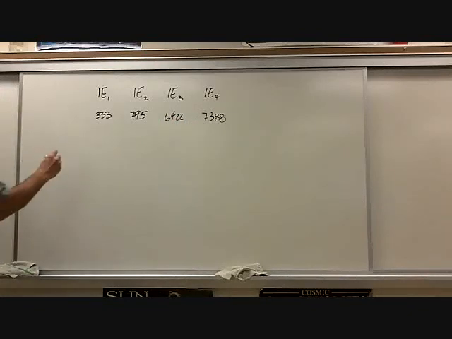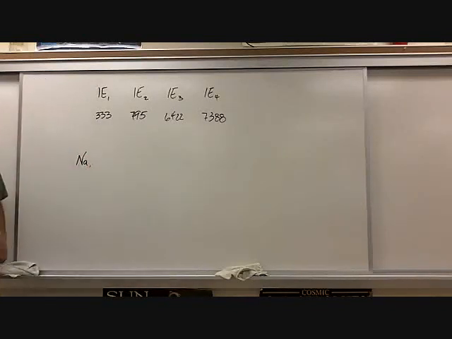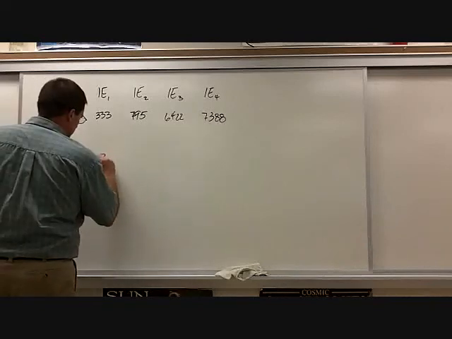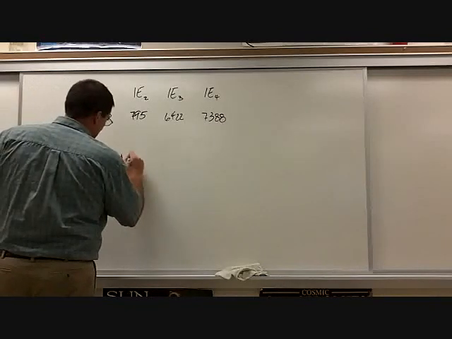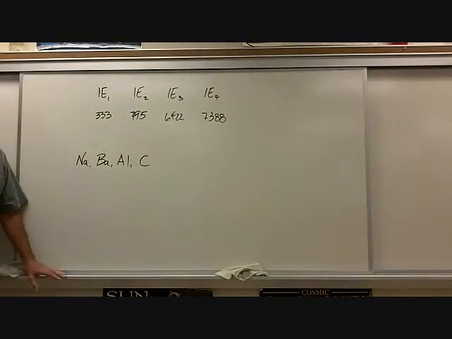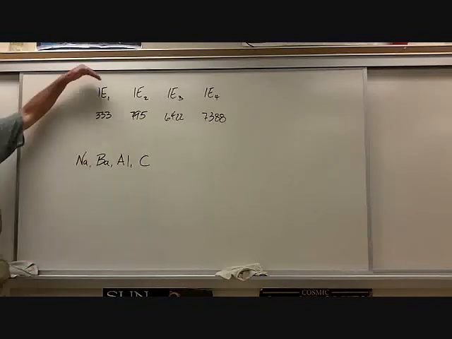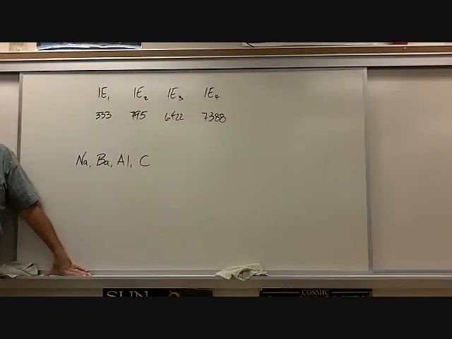I want you to identify what the element is. And don't look on your table because I made these values up. So, sodium, barium, aluminum, or carbon. I've got 4 sets of ionization energies. Who does this represent?